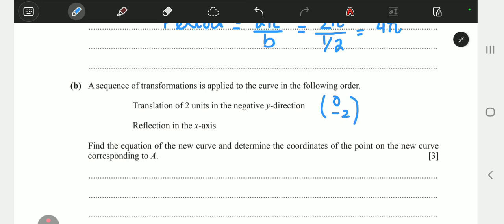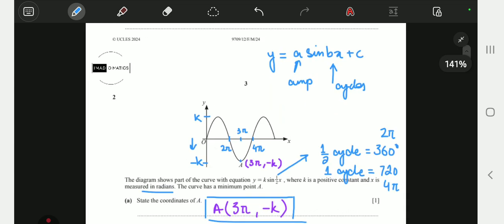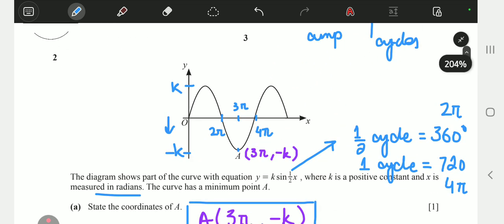This is your first transformation. The second is the reflection in the x-axis. Whenever any curve or line is reflected in the x-axis, it goes from here to here.